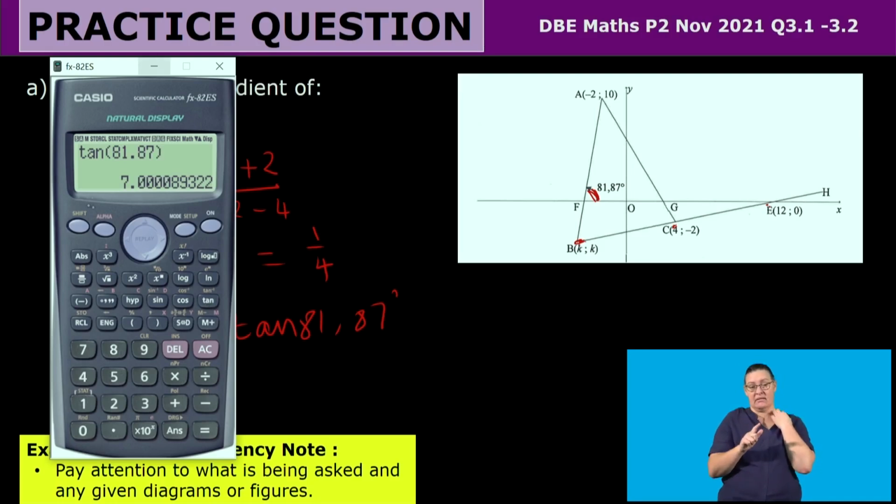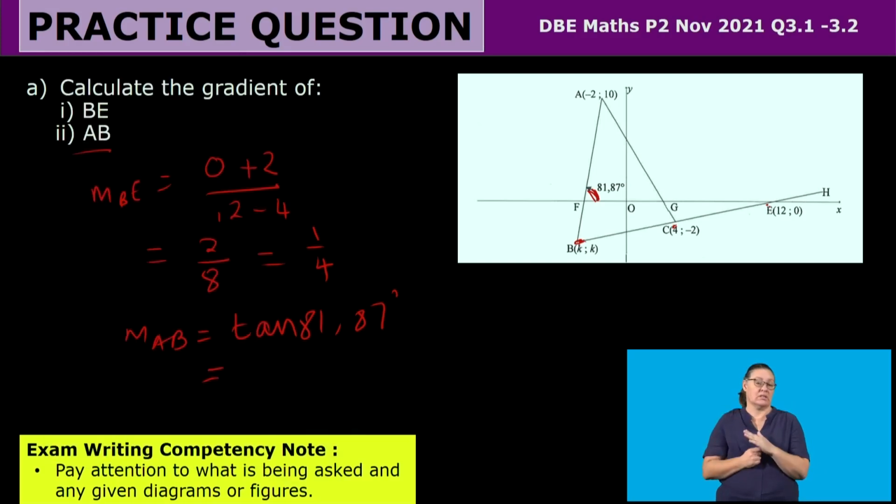And you can see it's almost exactly 7 because we follow that with a couple of zeros. So therefore the gradient of AB is 7. All right, and you see that we've worked out that gradient of AB without actually knowing the coordinates of the point B. So the gradient here of AB is 7.